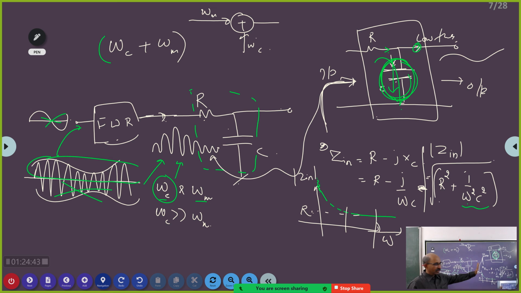This is in principle, but actual design and all will be much more complicated. This is just to give you an explanation. This is the principle behind this. Did you understand? So with the envelope detector, you will get the output like this. Clear? Understood?